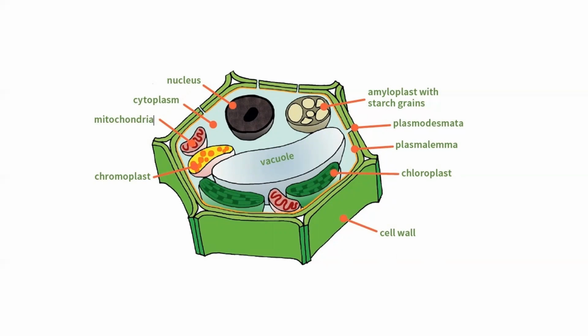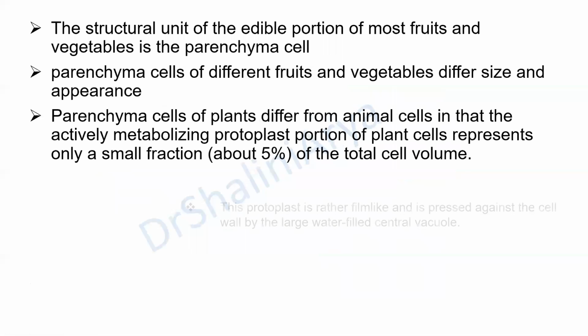Parenchyma cells of plants differ from animal cells in the actively metabolizing protoplast. This protoplast portion of plant cells represents only a small fraction. In the plant cell the protoplast is just 5% of the total cell volume, whereas in the animal cell it is a little bigger. I have a photo of a parenchyma.